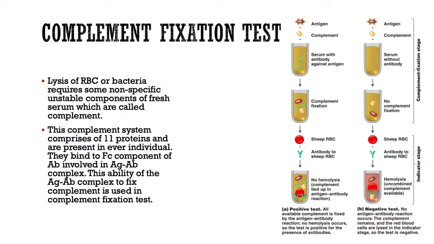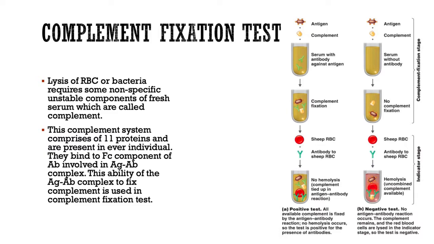So in the first reaction there will be complement fixation, which means the complement will fix the antigen antibody complex. In the second case, only the antigen and complement are present, but there is no antigen antibody complex as the serum does not contain any antibody.